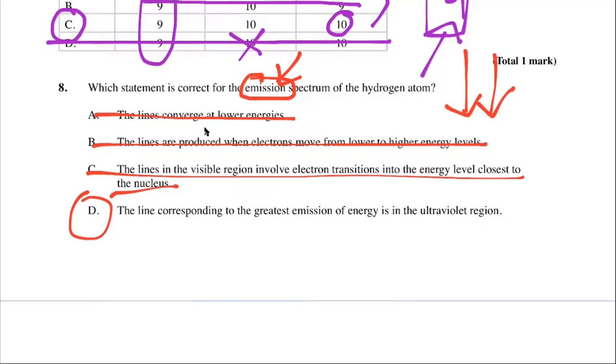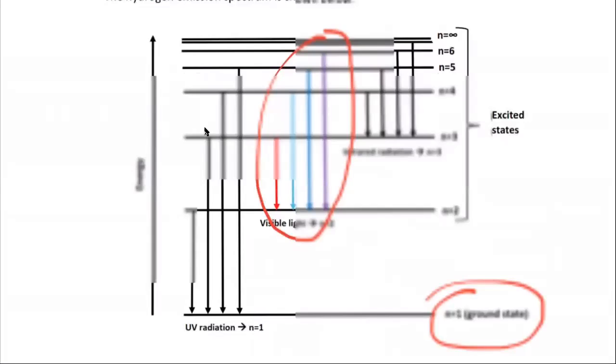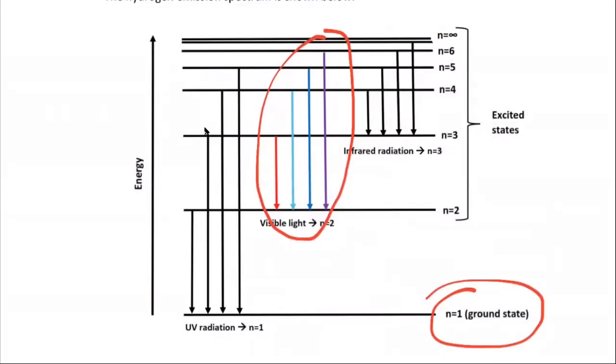So by process of elimination, it probably has to be D, but let's check it anyway to verify. D says the line corresponding to the greatest emission of energy is in the ultraviolet region. If I go back to this diagram in our notes, which lines are going to have the highest energy?